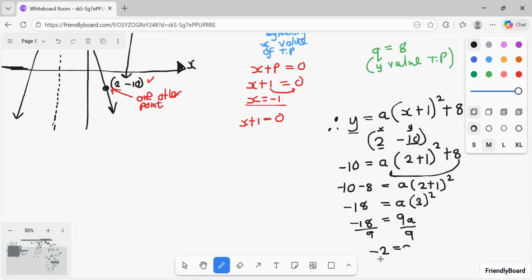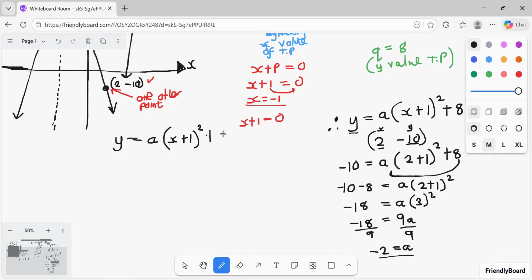After finding my a, I'm going back again and I'm going to substitute that a into this equation. So remember what the equation was. The equation was y is equal to a, open bracket, x plus 1 squared, plus 8, right?